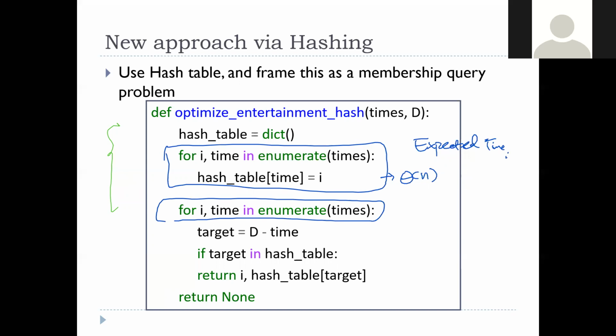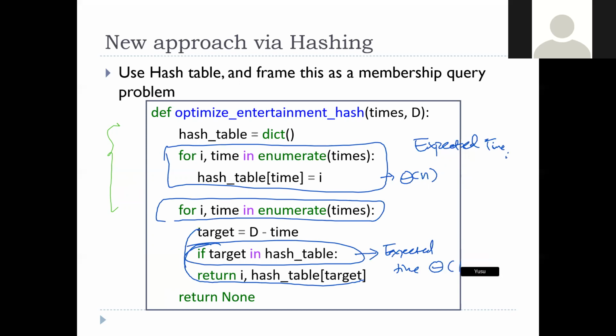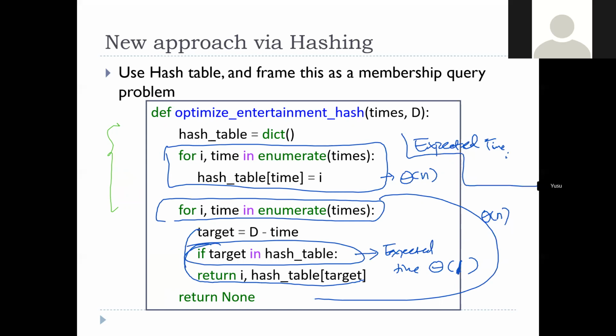But within each of them, I only have this membership query. And the expected time for this membership query is only constant. That means that after checking for all the n movies, the expected time is linear. So the total expected time is linear plus linear, which is only linear.